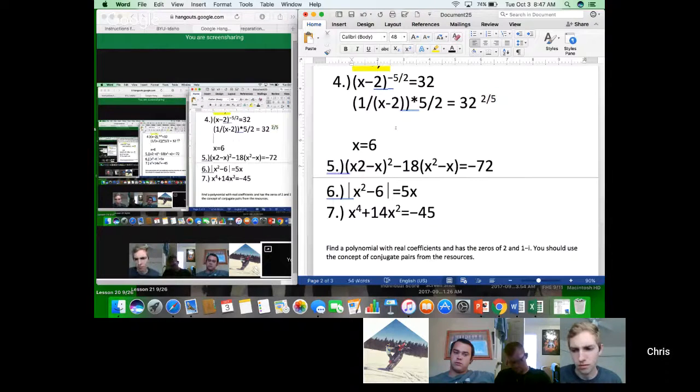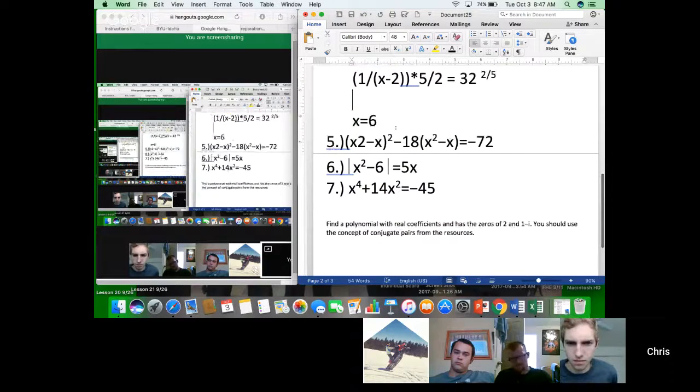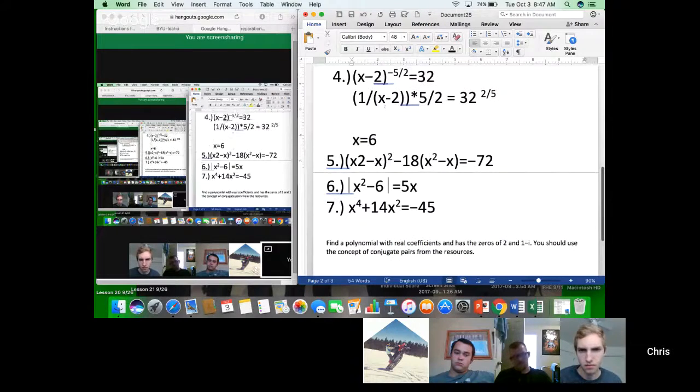And that would make x minus 2 equals a 4th, because if you raise it to a power. And then if you add the 2 to both sides, x equals 2.25 or 9/4. That makes sense. That's the way they claim to do it.